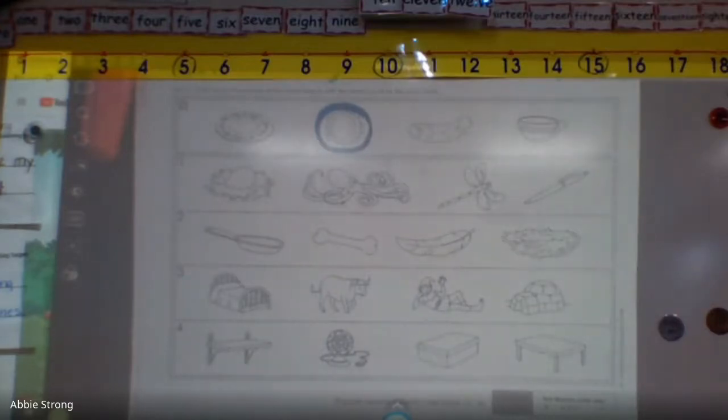All right, give me a thumbs up if you have 4 things circled. Okay, thumbs up. I'm waiting for just a couple more people. Which one starts the same way as F?